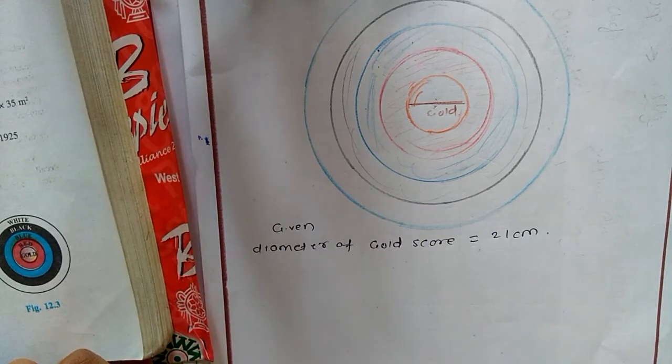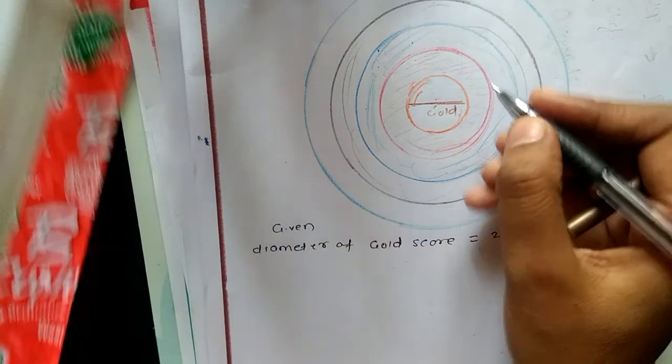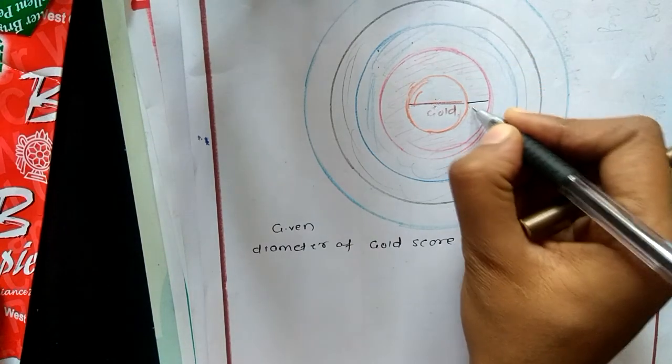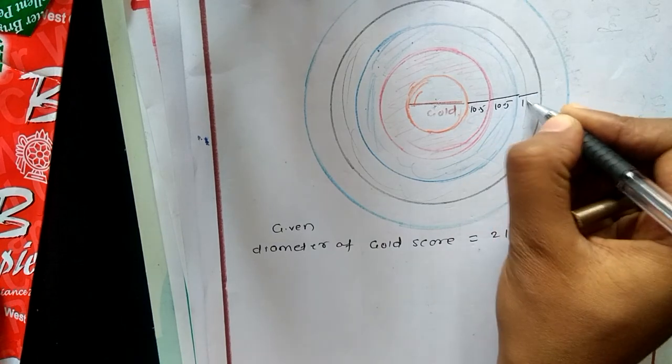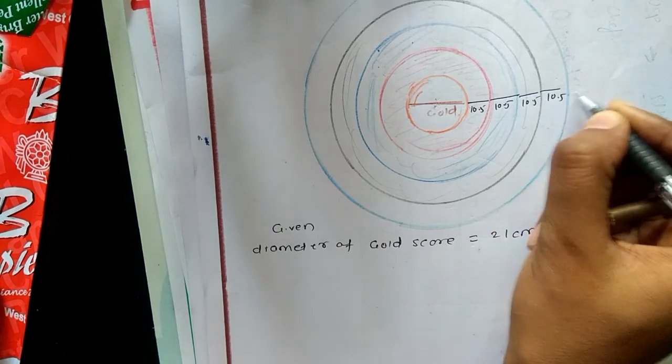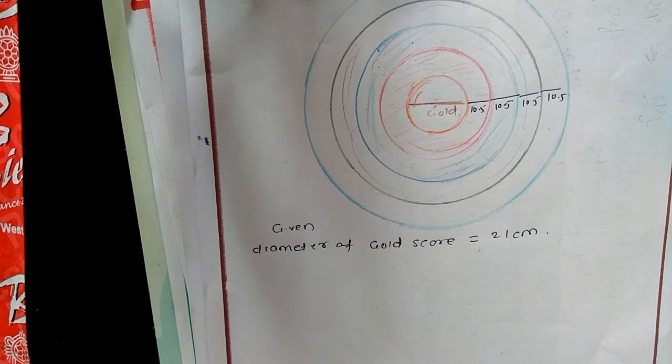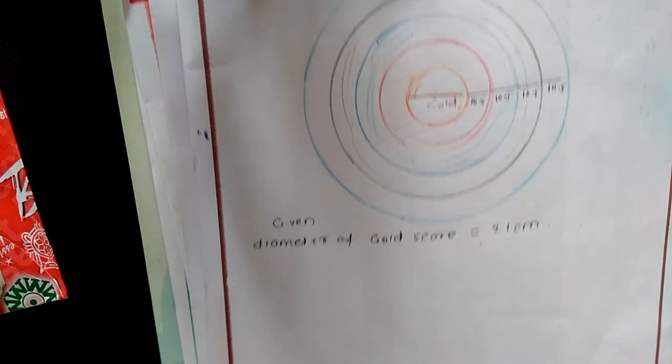And each of the other bands has a width of 10.5 centimeter, again 10.5, 10.5 and 10.5. So find the area of each of the 5 scoring regions.